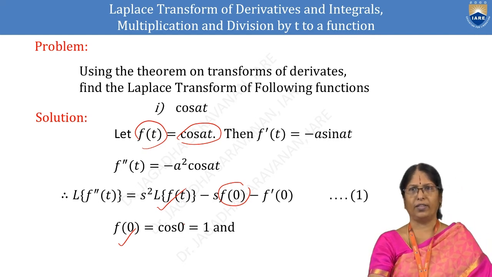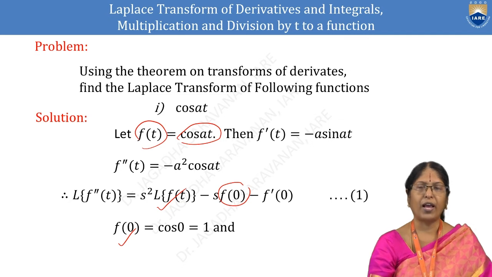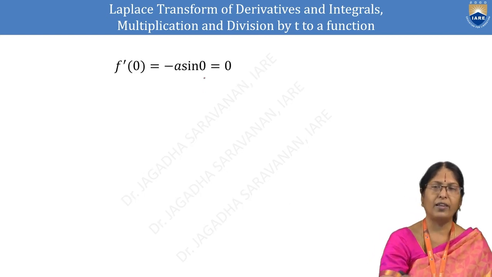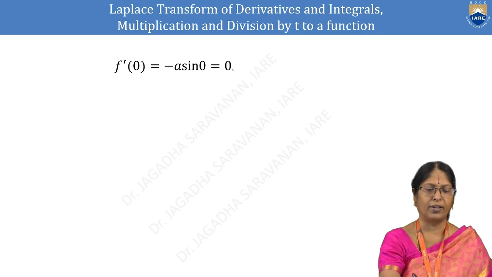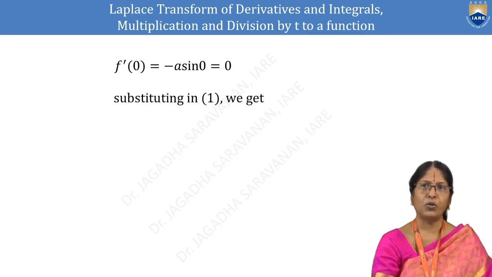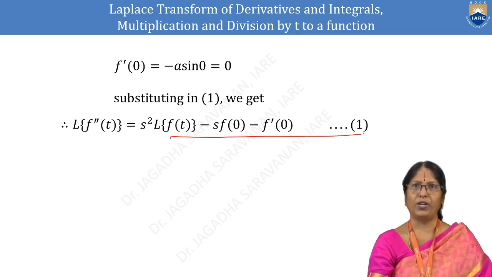Cos 0 is nothing but 1. Fine. The next, f dash of 0. So now here f dash of 0 is minus a into sine 0, which is nothing but 0.